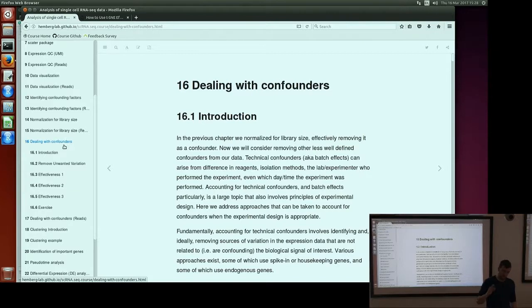Accounting for technical confounders, having identified them in the first place, and particularly accounting for batch effects, is a very large topic and involves principles of experimental design, and there are certain things that you can never correct for at the analysis end if the experimental design has been flawed in the first place.